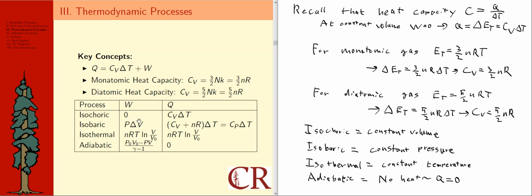So this pressure times change in volume is just an expression for work done by a constant force when that force is actually related to a pressure force, and the work that's being done is because there is a gas that is changing its volume. Maybe it's expanding, as we've, I think, seen in one example already.